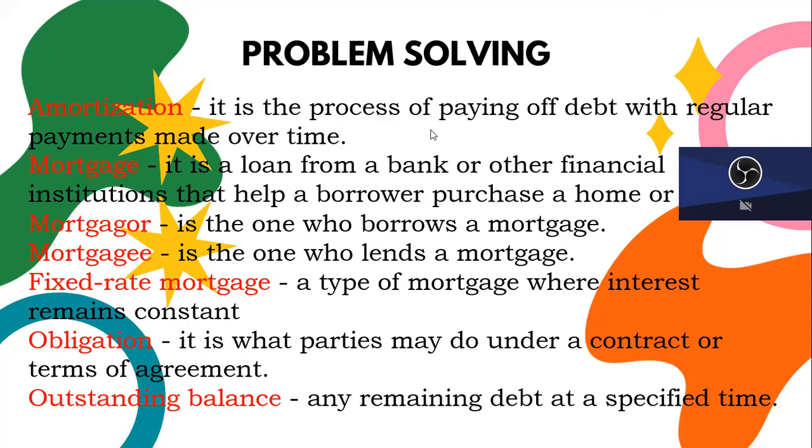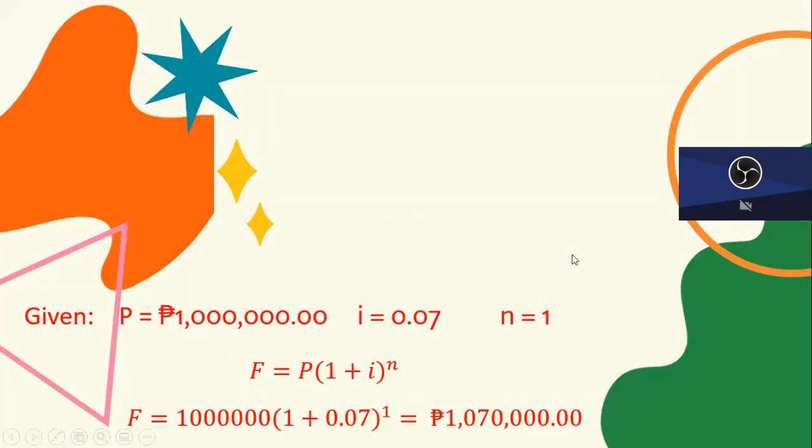So usually, tumutukoy yung mortgage natin sa consumer loans. The mortgagor, siya yung nagpapahiram, and then yung mortgagee, siya yung ang tawag doon, nagle-lend ng mortgage.